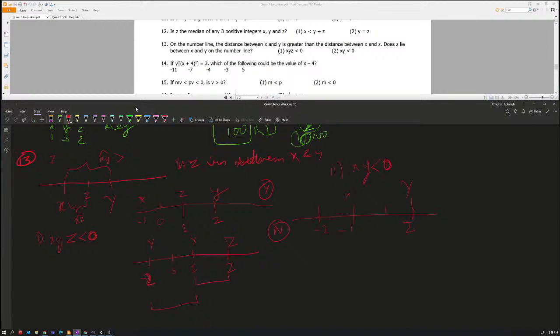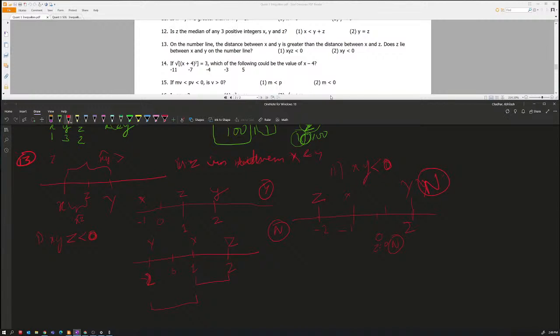So the distance between x and y is definitely greater, because z is not given right there, and both are opposite signs. That's okay, and you get a yes, no answer here. To get a yes answer, we'll just make that lie somewhere here, like 0. So for this, we get a no answer.